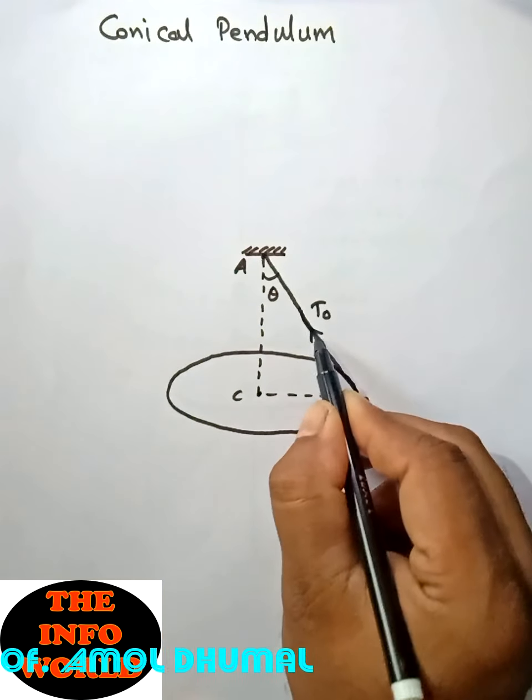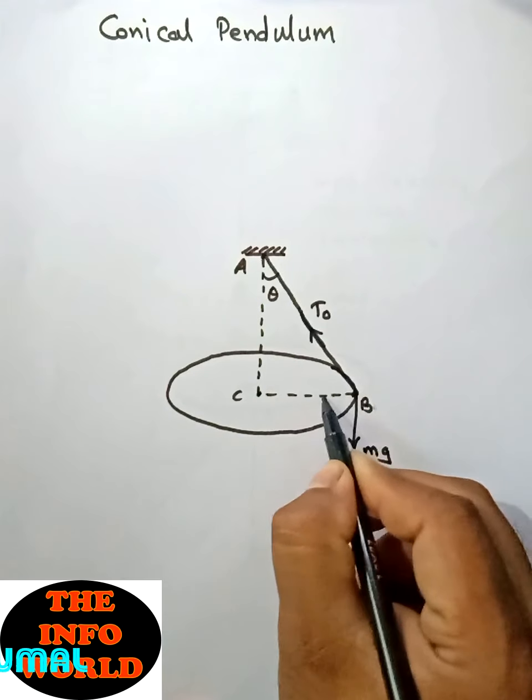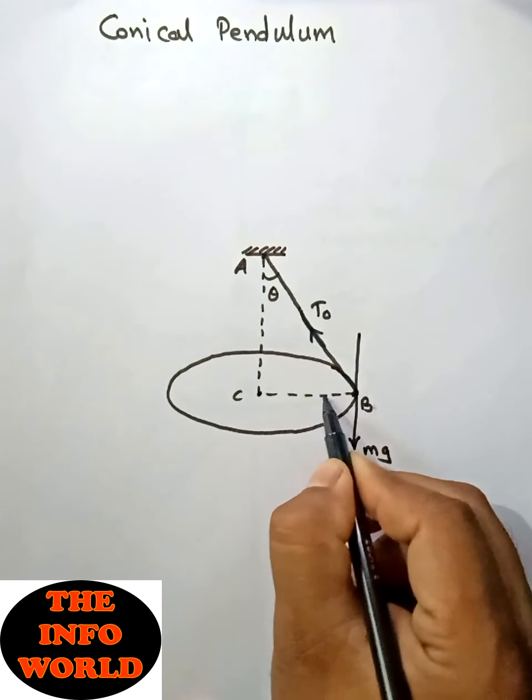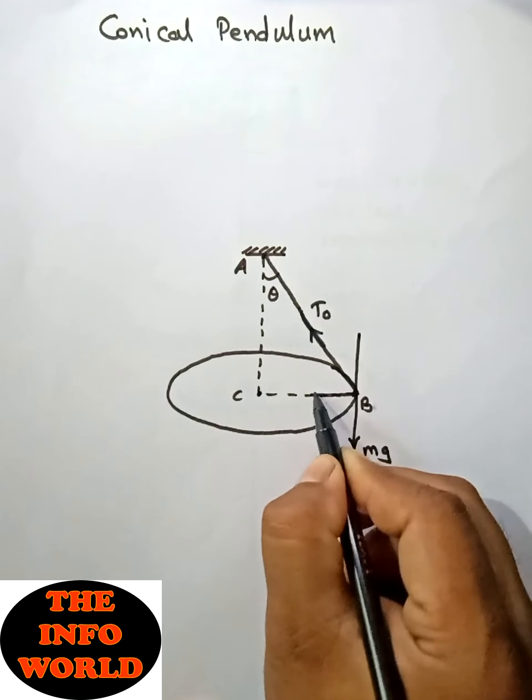Then this tension will have two components, one vertical and the other horizontal.